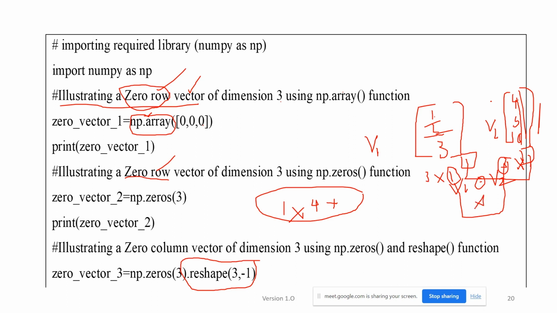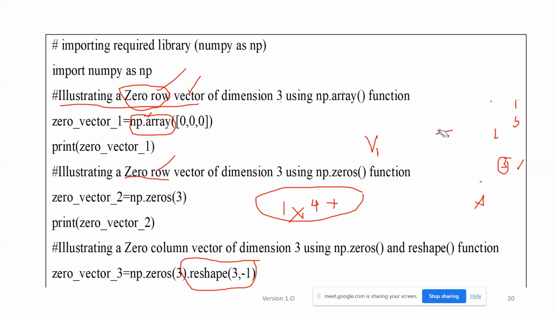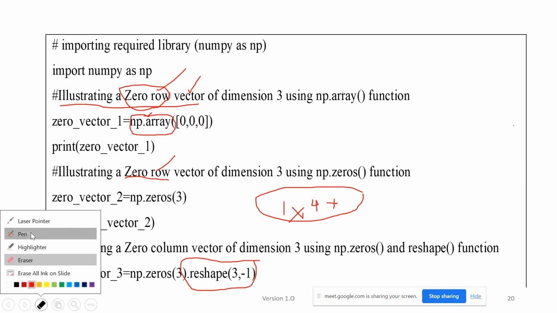As per the basic mathematical matrix multiplication, the multiplication will be done whenever it satisfies this condition. So here, when we have two column vectors, multiplication is not possible.